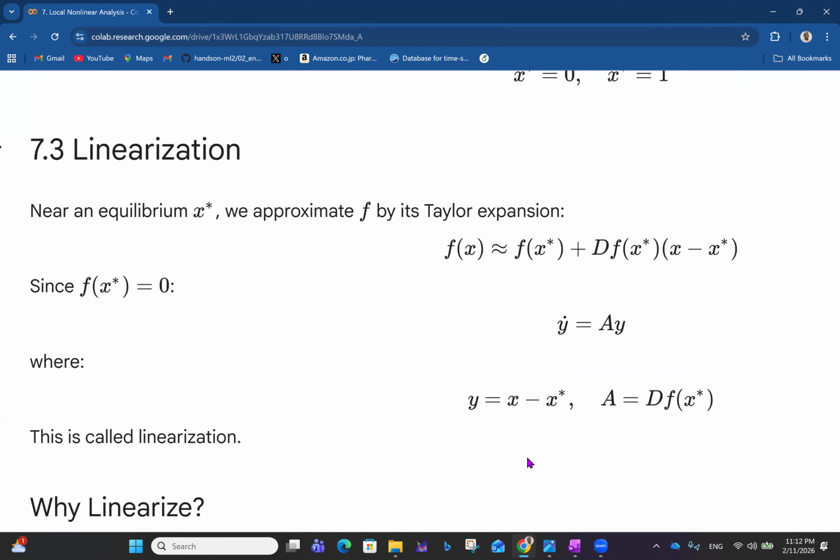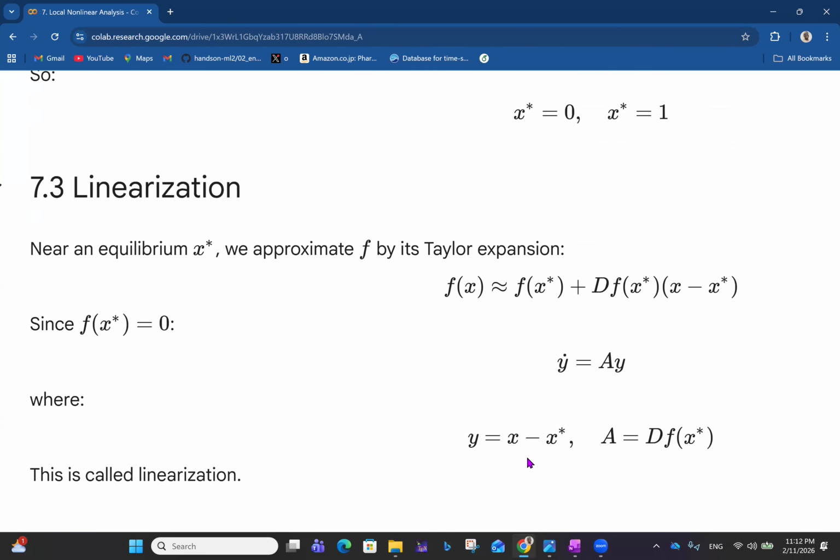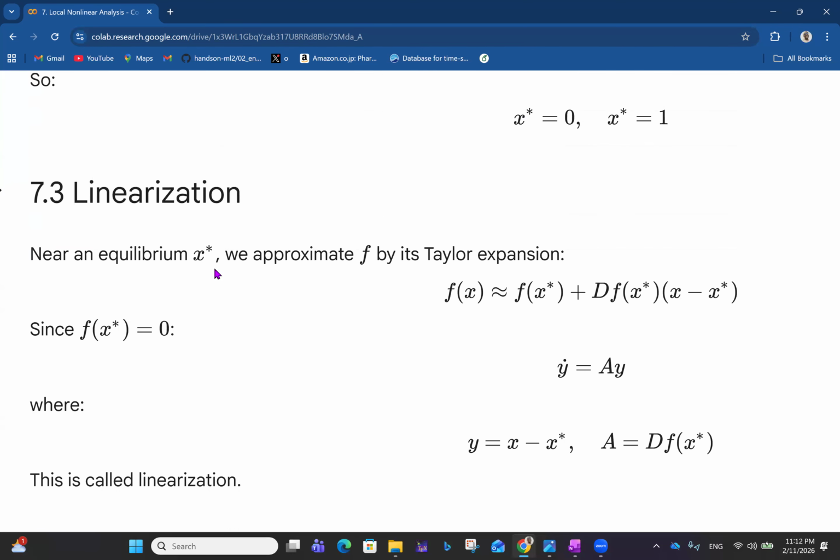And then that takes us to the idea of linearization. Okay, so for linearization, near an equilibrium x star, we approximate f by its Taylor expansion, which is f of x approximately equal to f of x star plus f prime of x star. You know, f prime is the same thing as d, the derivative, of this multiplied by x minus x star, because it is near the equilibrium point. That's why you have this whole x star thing going on.